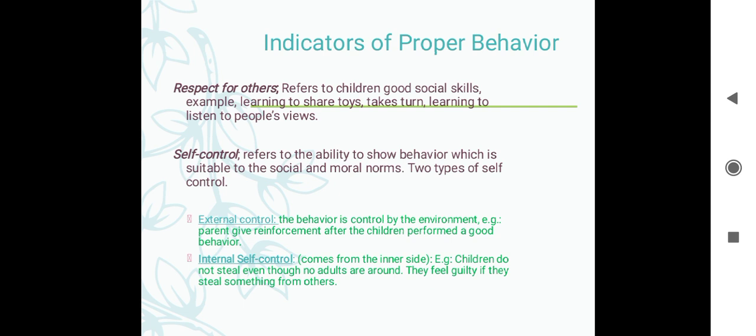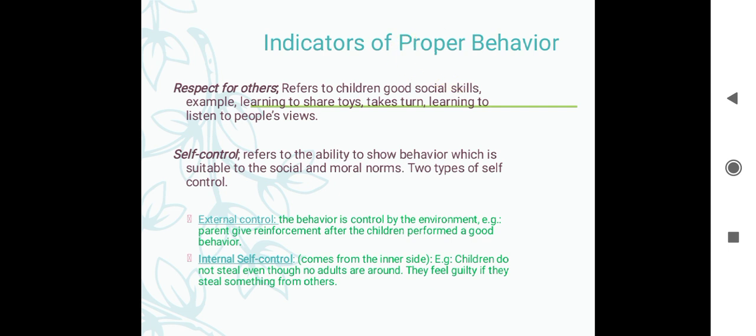Number one, respect for others refers to children's good social skills. Example, learning to share toys, take turns, learning to listen to people's views. That is respect for others. So it means that is a good behavior, or that is a proper behavior, right?